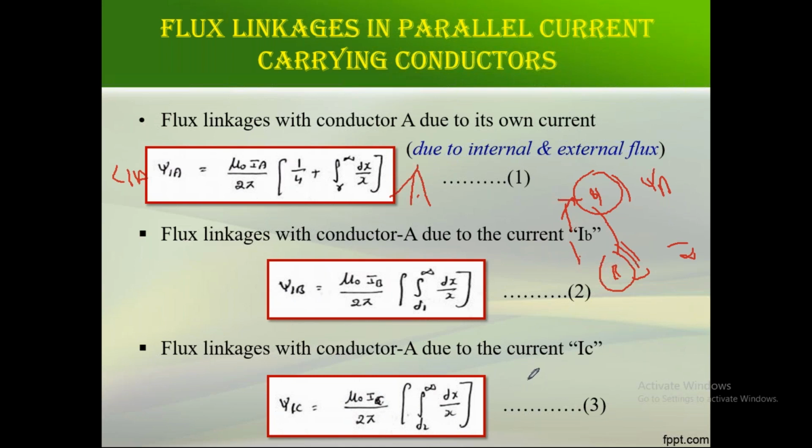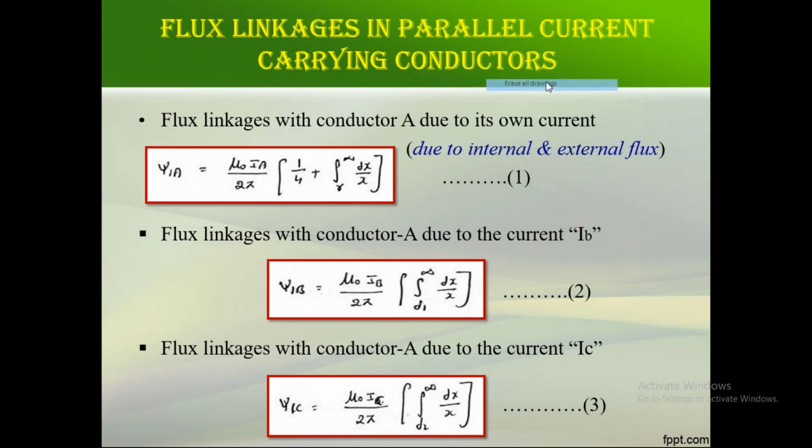Now, if you want to find the total flux linkage of conductor A, what do we have to do? We have to add psi 1A plus psi 1B plus psi 1C. If you add these three, then you can calculate the total flux linkage in conductor A. Let me see what will happen when we add these three equations.